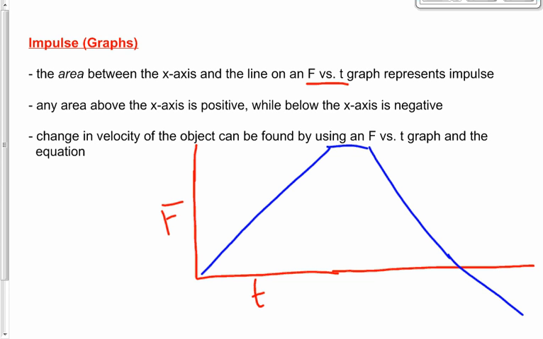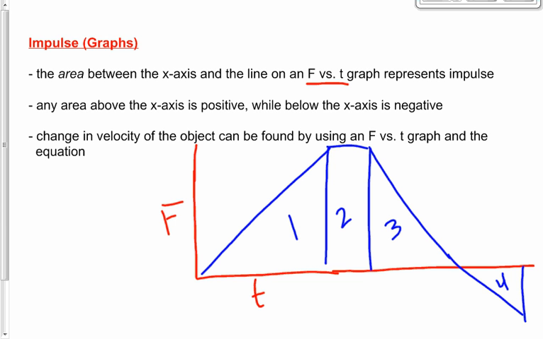Now, how would we find the area of this graph? Because it's kind of an odd shape, we'd have to break it up into sections. Area 1 would be 1/2 base times height because it's a triangle. Area 2, base times height, is a rectangle. Area 3, 1/2 base times height, because it's a triangle. And area 4 down here is a triangle.